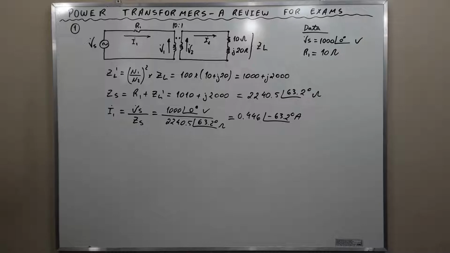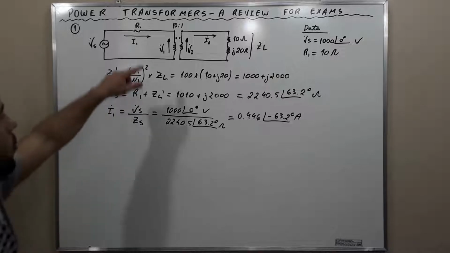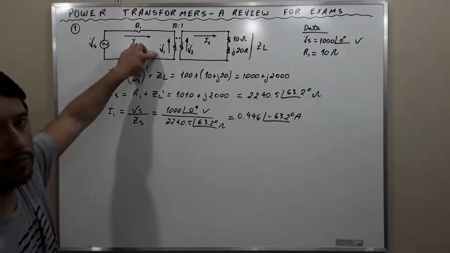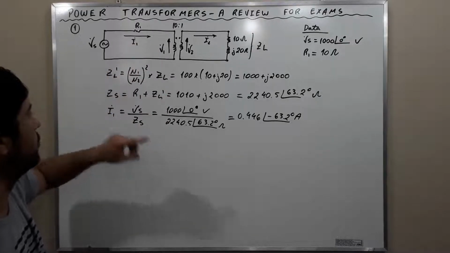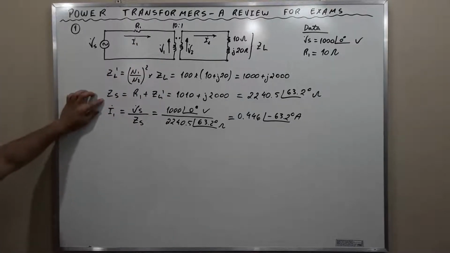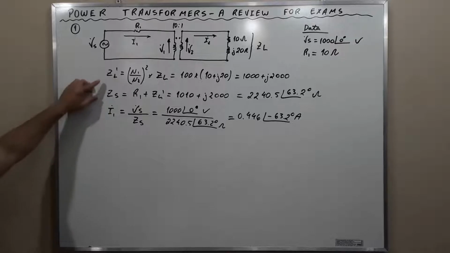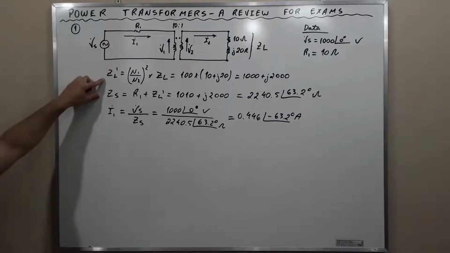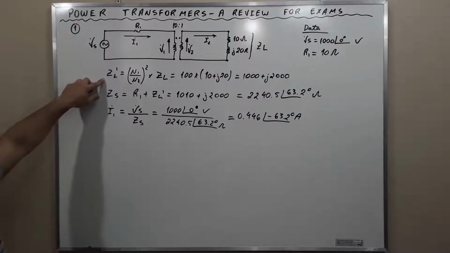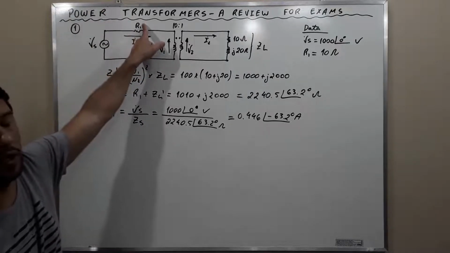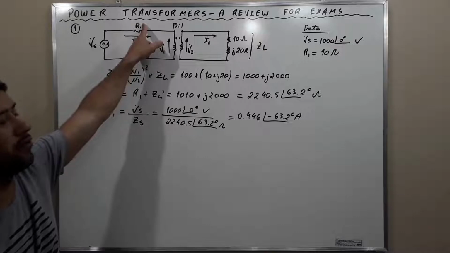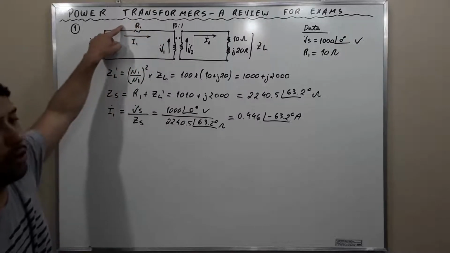And with the value of the primary current, we can calculate V1. V1 is this voltage here. To calculate V1, we do not use ZS. We are going to use ZL prime, because the resistance R1 has its own voltage drop.